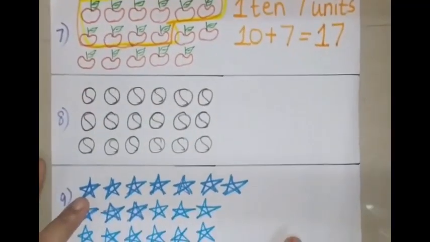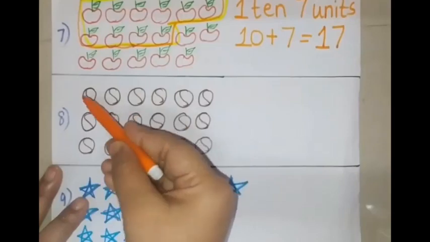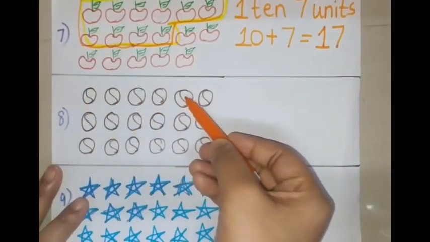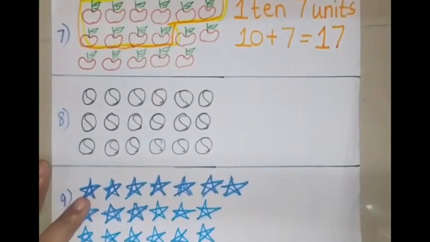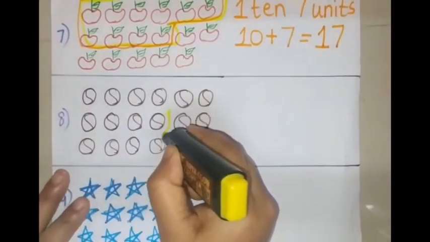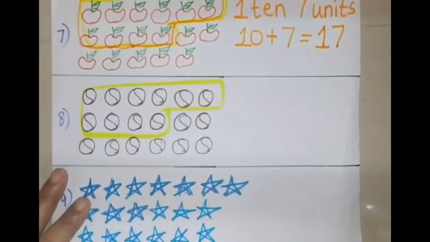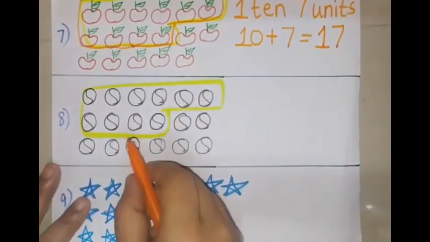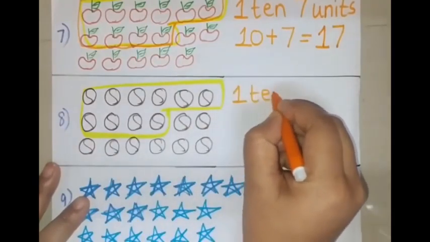Now here you can see so many balls. Let's count them. 1, 2, 3, 4, 5, 6, 7, 8, 9, 10. So now we'll make a group of 10 balls. So we'll write here 1 ten.